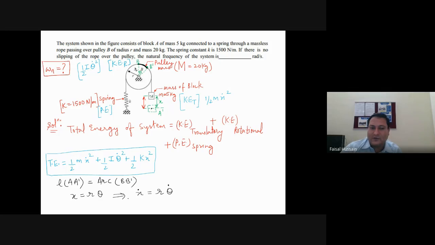So let us substitute. The equation was like this: total energy equal to half m x dot square plus half I theta dot square plus half k x square.